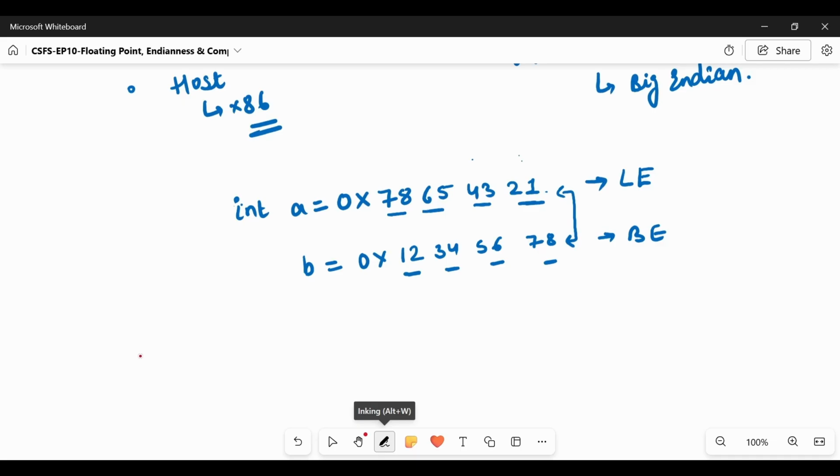So the bit order is unchanged. At the end, all data is represented by bits, 0 and 1. Whether you have video or audio, everything underneath is just a bit representation. So the bit order will always remain unchanged. Only the way bytes are stored is changed.